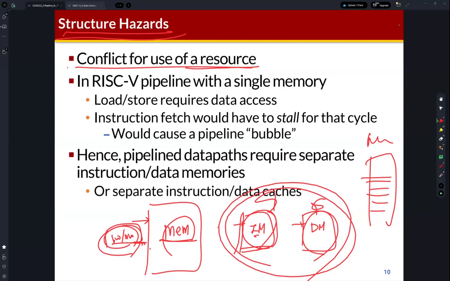So if the current instruction is a memory instruction, we would observe a structure hazard. To avoid this case, we separate the instruction memory and data memory. This is the reason.